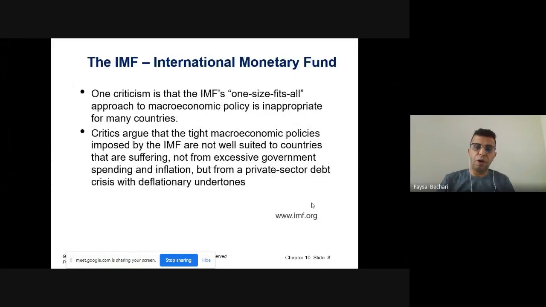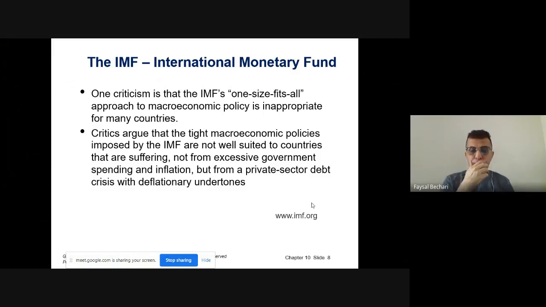Now we have another body called the International Monetary Fund, or IMF. I will explain it later on. It's a bank for international lending, giving money to countries. One criticism is that the IMF has a one-size-fits-all approach to macroeconomic policy, inappropriate for many countries. They have one straight set of policies that other countries sometimes see as inappropriate.